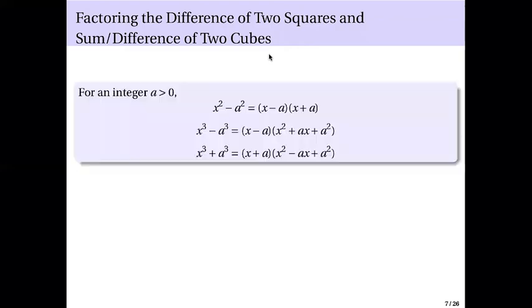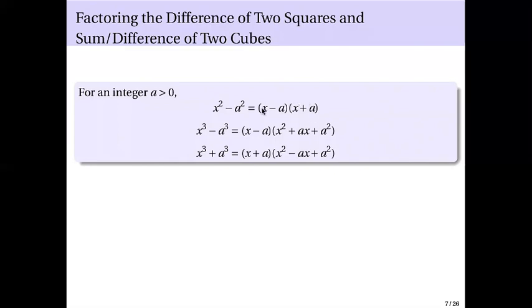Let us now consider other ways of factoring. From the last lecture, you remember the difference of two squares? We have a formula for it, and here I will introduce the sum and difference of two cubes. For the difference of two squares, you have x squared minus a squared, and if you factor this, you have x minus a times x plus a.